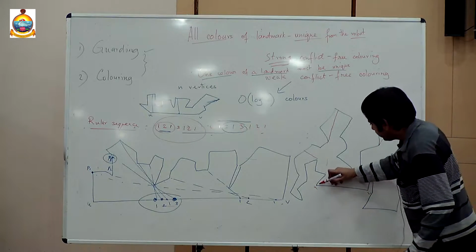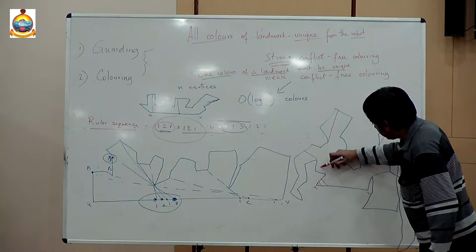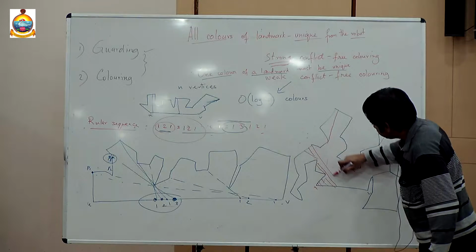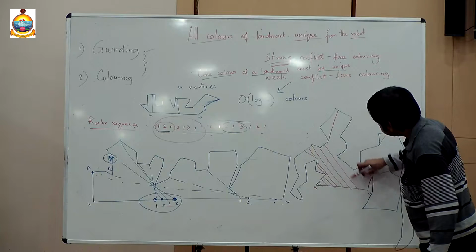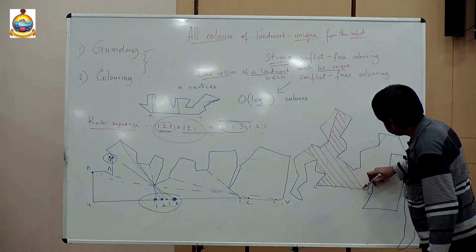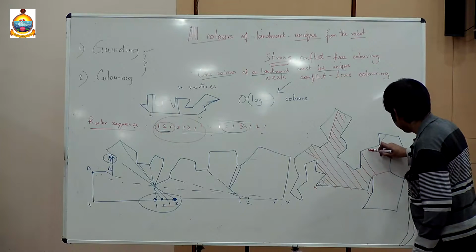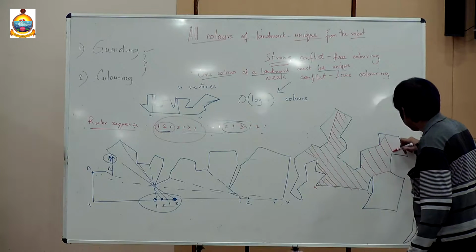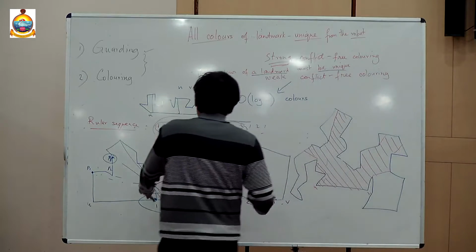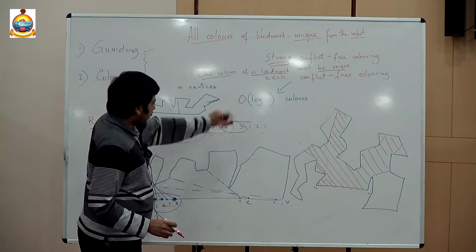I'll just shade it. This is our weak visibility polygon for UV. For weak visibility polygons, we have an order log n upper bound.